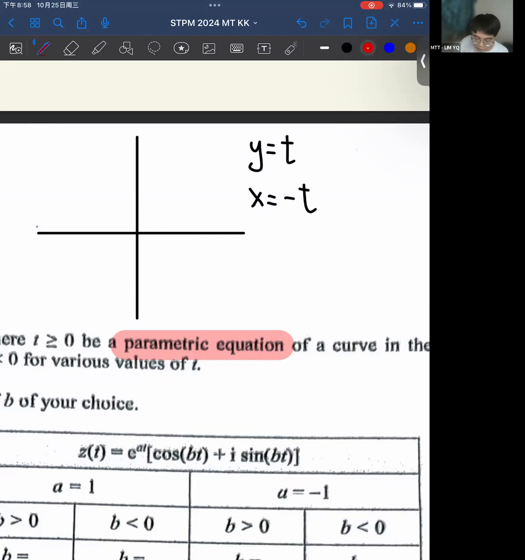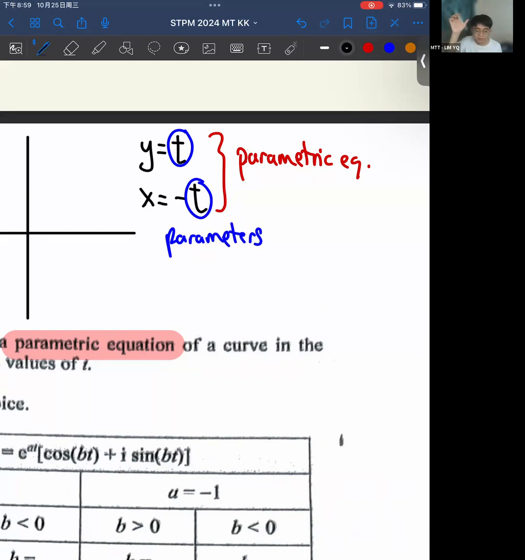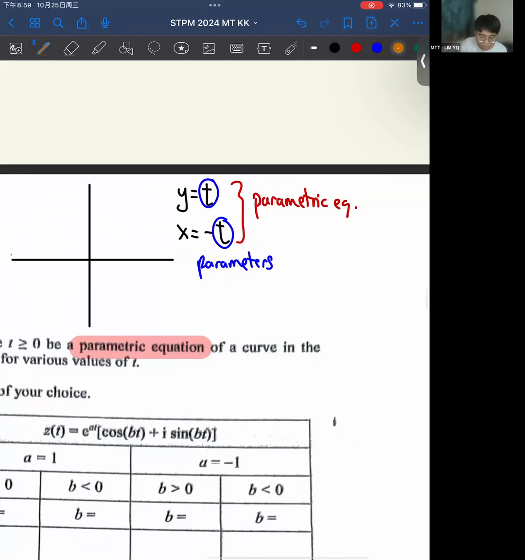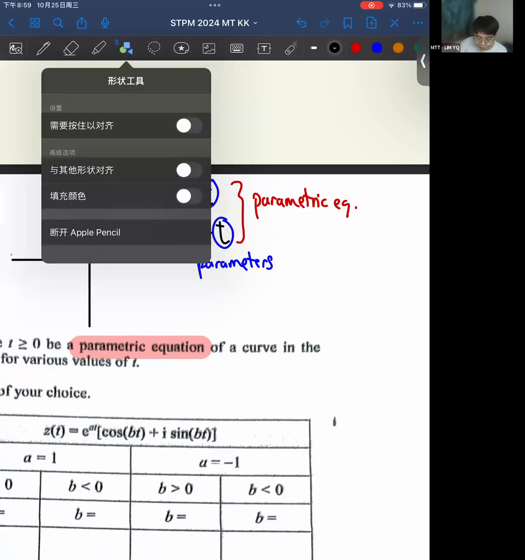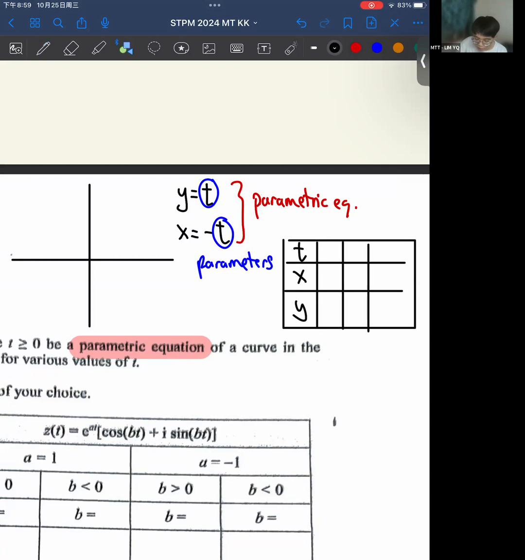This is called a parametric equation, and t is called a parameter. If I want to plot this parametric curve on the plane, the whole thing is called a parametric curve. So what I do is maybe I can put a box like this: when your t value equals what, x will become what, y will become what. Let us just give a few numbers.